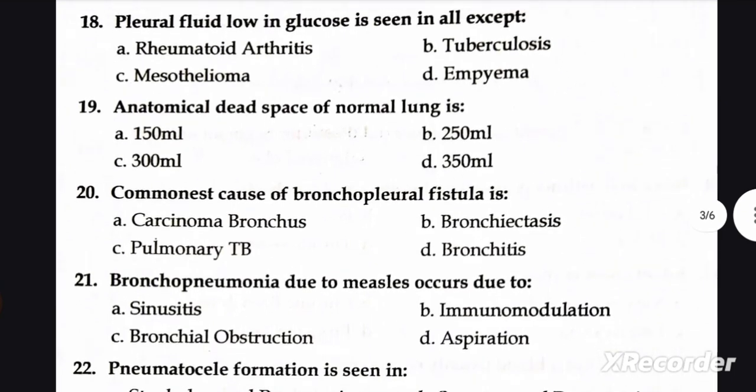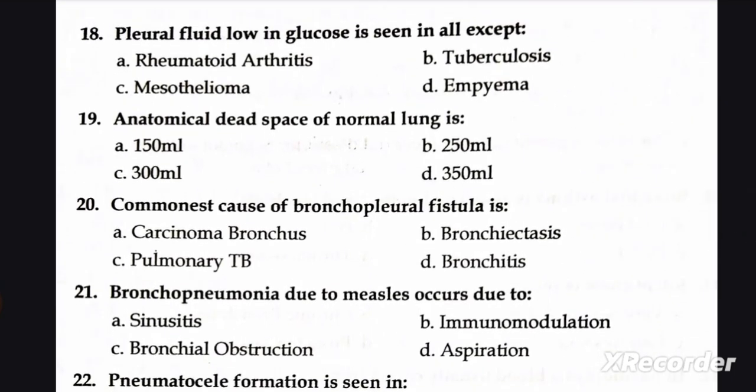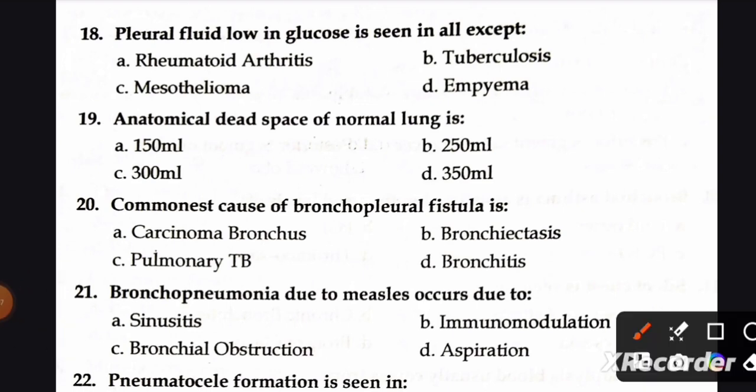Next question is: pleural fluid low in glucose is seen in all except A. rheumatoid arthritis, B. tuberculosis, C. mesothelioma, and D. emphysema. Right option is B. tuberculosis.